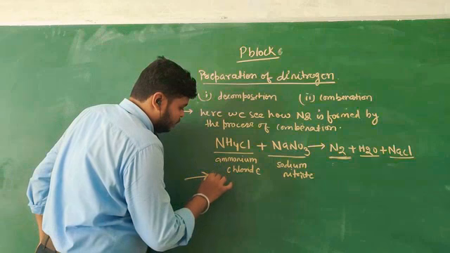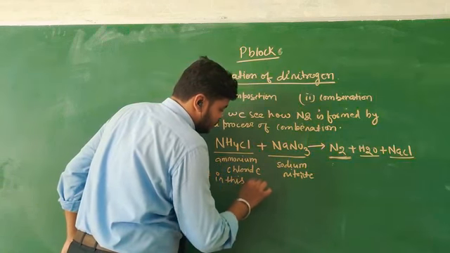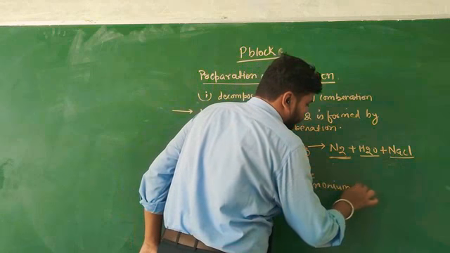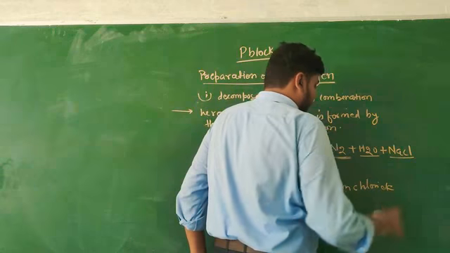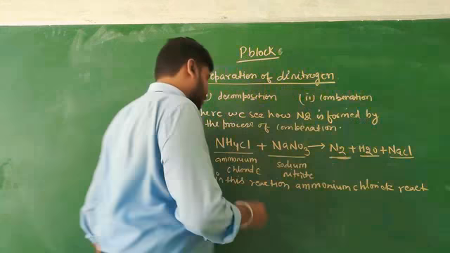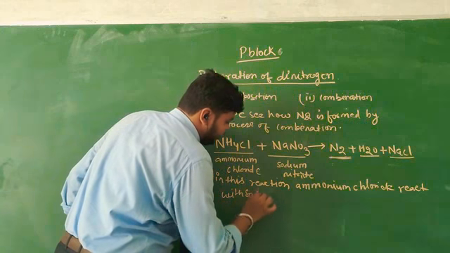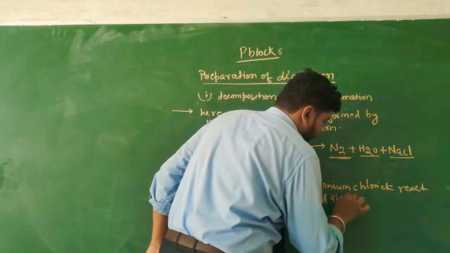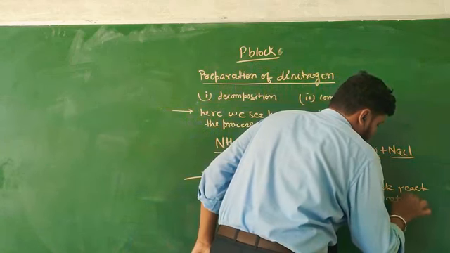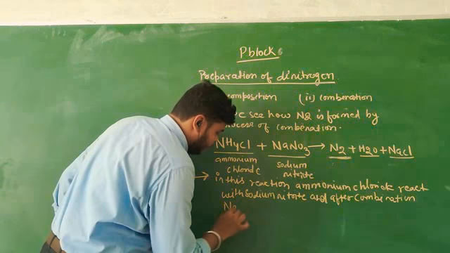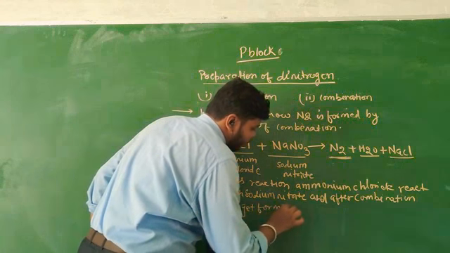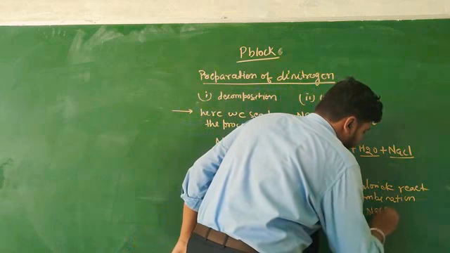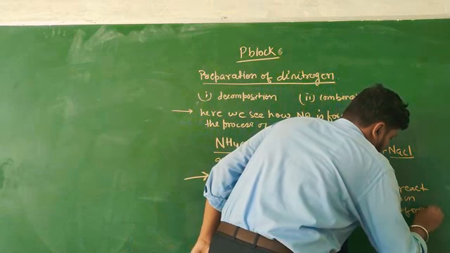Here we write that in this reaction, ammonium chloride reacts with sodium nitrite, and after combination, N2 gets formed, and water and sodium chloride are also formed.